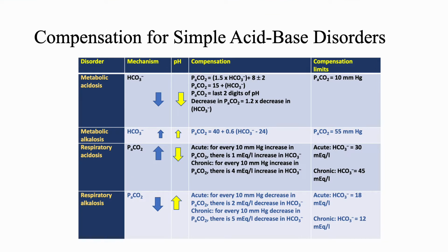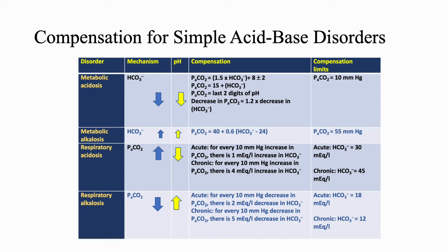In the previous lecture, we discussed compensation for simple acid-base disorders. To reiterate, in respiratory acidosis, the pH is down because it is acidosis. The mechanism is an increase in PaCO2. What about the compensation?